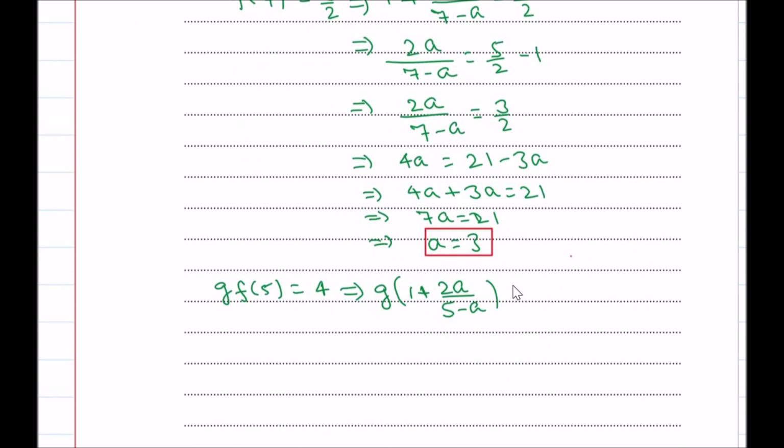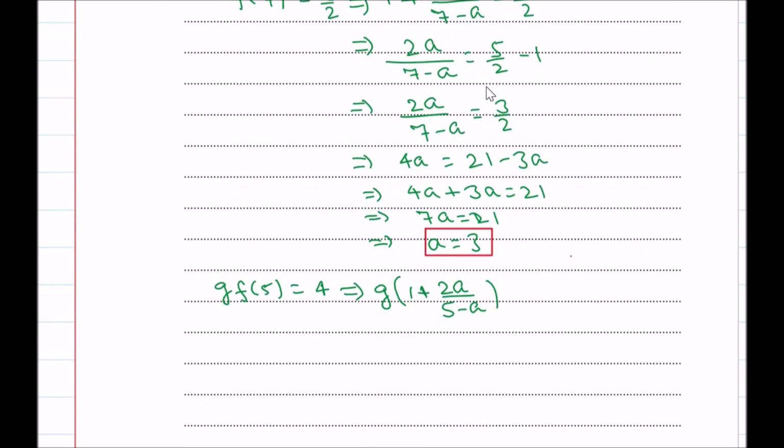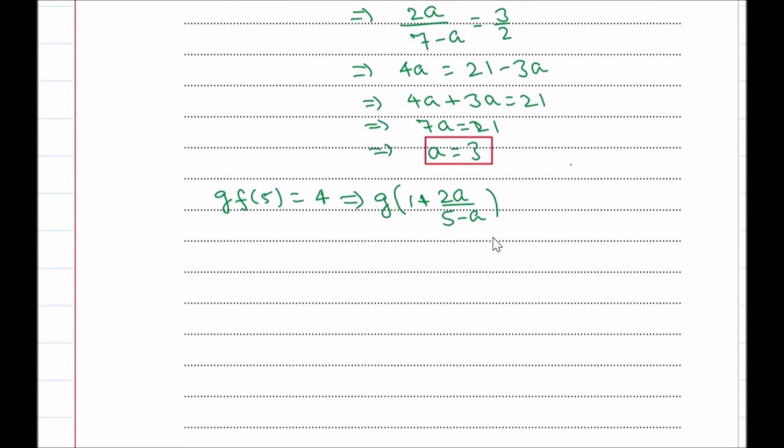So f(5) will be 1 plus 2a by x minus a, with x being 5, so 5 minus a. That is why we got g of 1 plus 2a by 5 minus a. And that will be equal to, now we have to substitute this in function g.